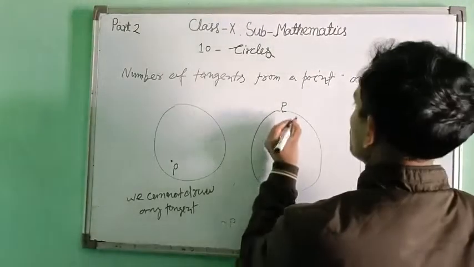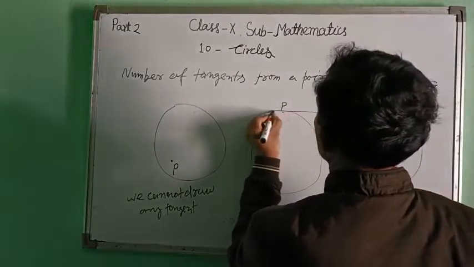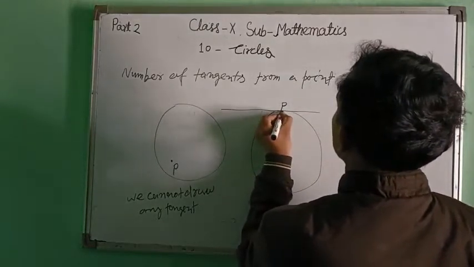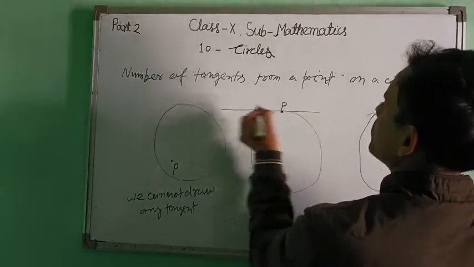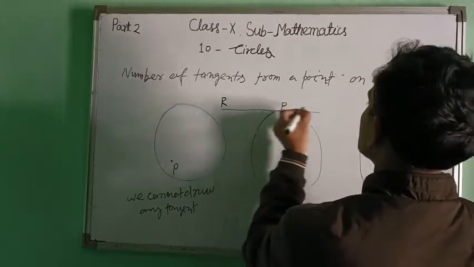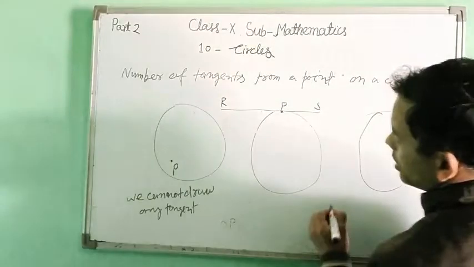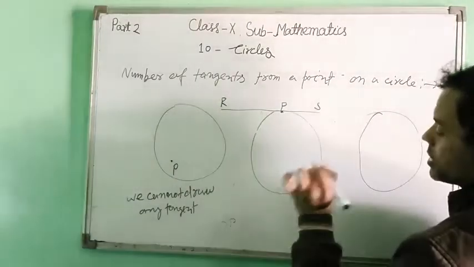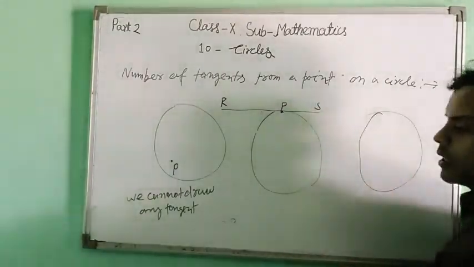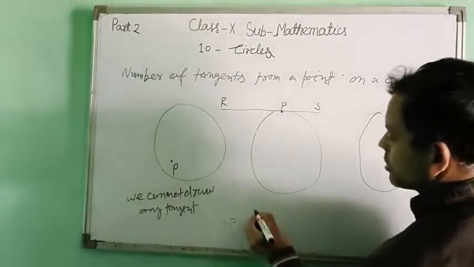Suppose this will be R and S. So if any point lies on the circle, we can draw only one tangent.